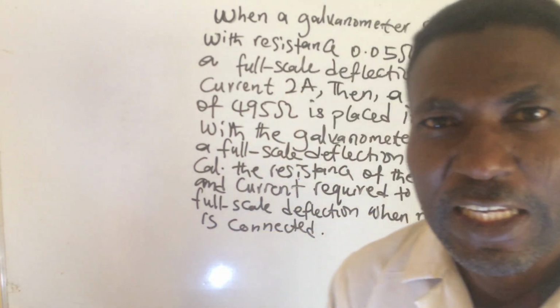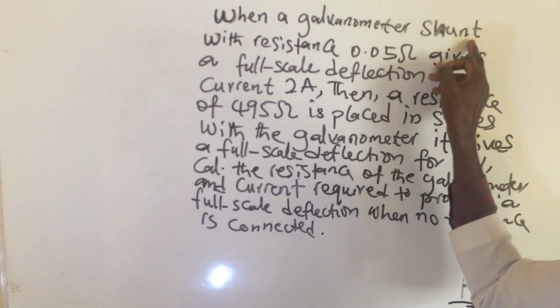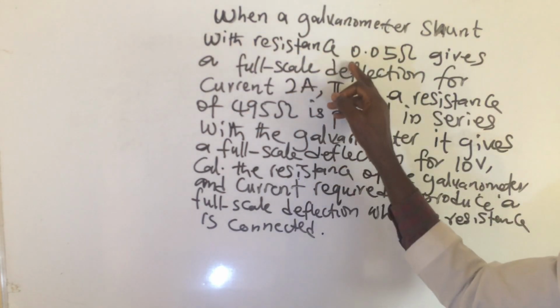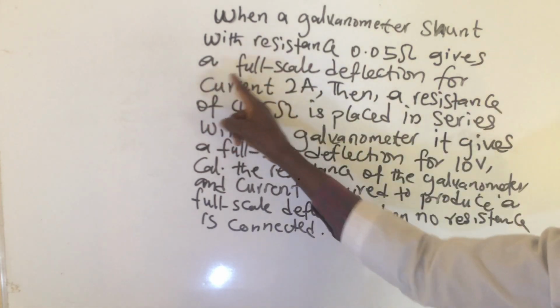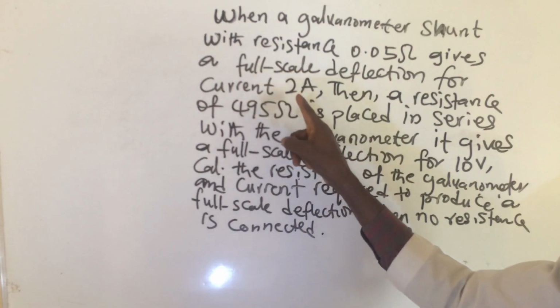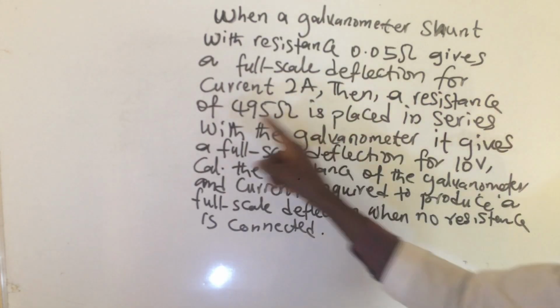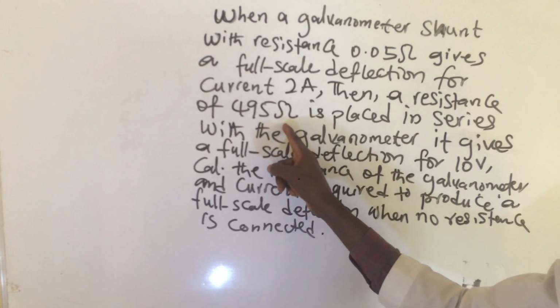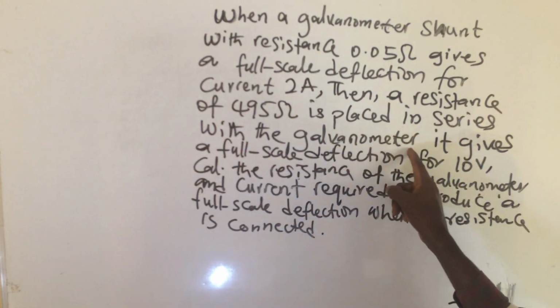Now the question says, when a galvanometer shunted with a resistance of 0.05 ohms gives a full-scale deflection for a current of 2 ampere, then a resistance of 495 ohms is placed in series with the galvanometer.